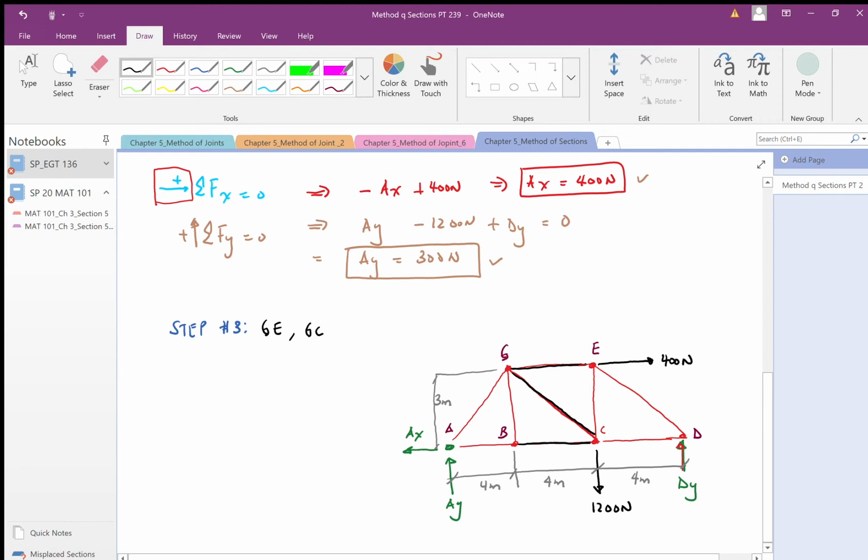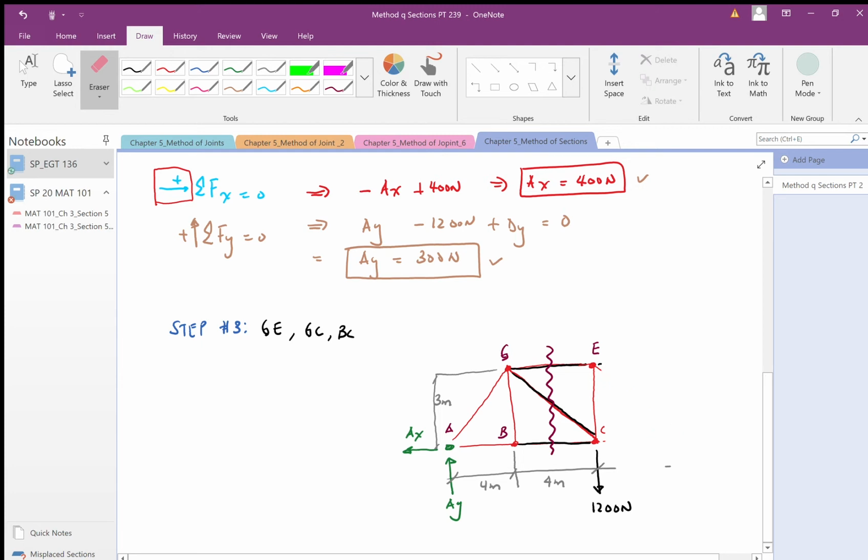With method of sections, you're going to do what you know as a cross-sectional cut. In doing so, you're getting rid of this section of the problem and just exposing the internal component of it.